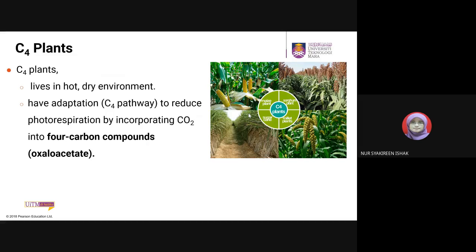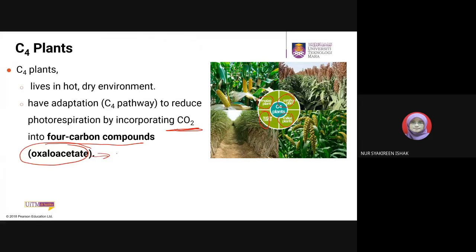Okay, so kita tengok for C4 dulu. C4 plants live in hot and dry environments. For example, you have the maize plant. Maize is corn. Also sorghum, millet, and sugarcane. These are examples of plants that can survive in hot temperatures. They have an adaptation, which is the C4 pathway, to reduce photorespiration by incorporating carbon dioxide into four-carbon compounds, which is oxaloacetate.